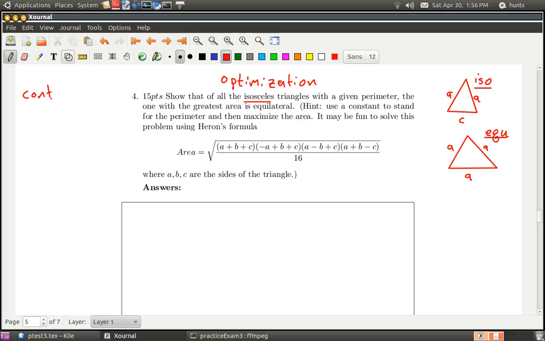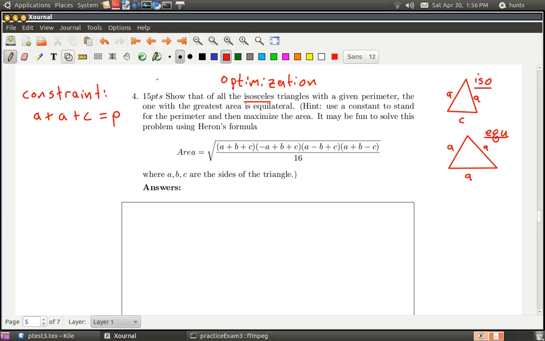that's going to be the constraint. So let me change it to the constraint. The constraint is the perimeter, right? So the triangle is going to have a certain perimeter, and it's an isosceles triangle. So what is the perimeter going to be? It's going to be A plus A, I almost wrote B, but let's say A plus A plus C is going to be the perimeter.